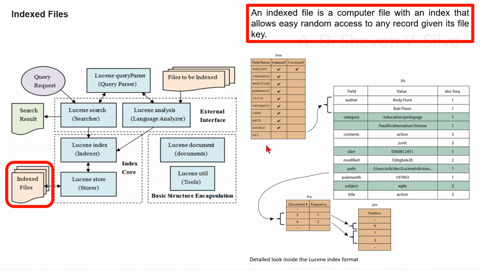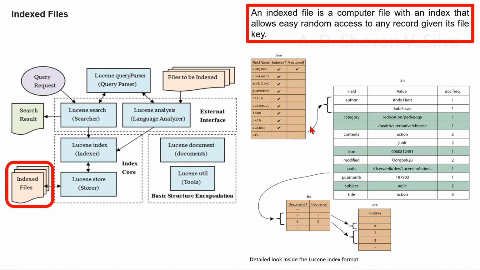Each field is flagged to indicate options that were used while indexing. Is it indexed? Does it have a term vector enabled? Does it store norms? Does it have payloads?